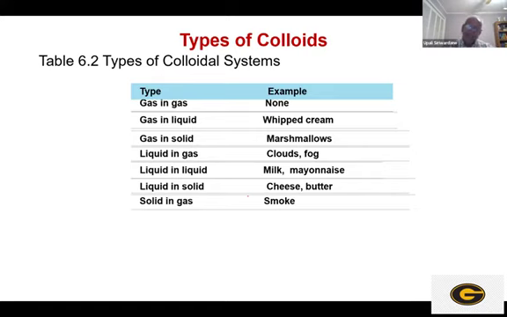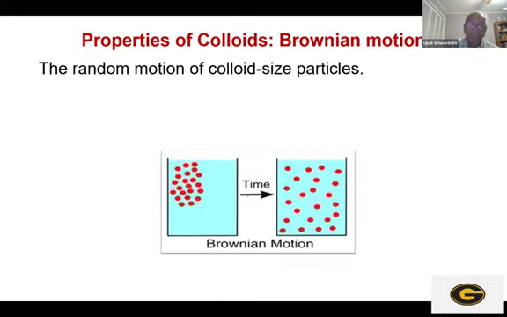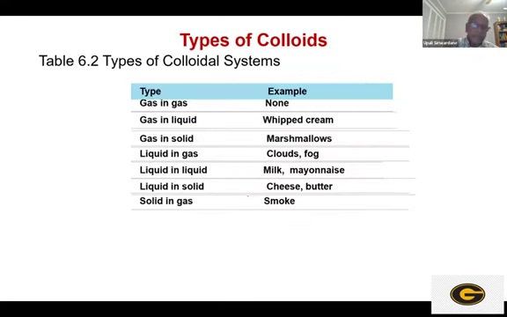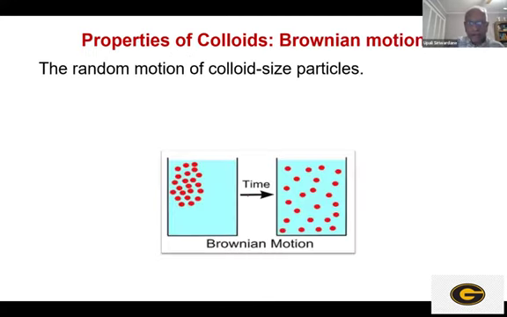Smoke is a solid in a gas. Solid particles dispersed in a gas is called smoke. We go over six types of colloids, 1, 2, 3. We're going to go through some examples later.